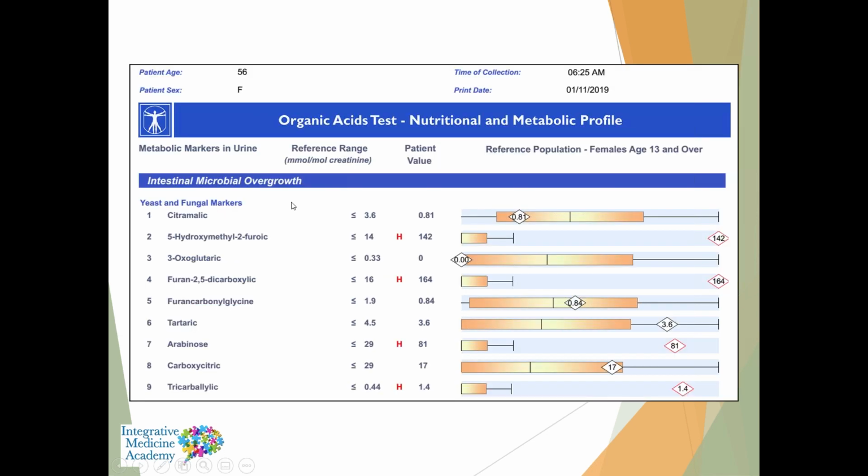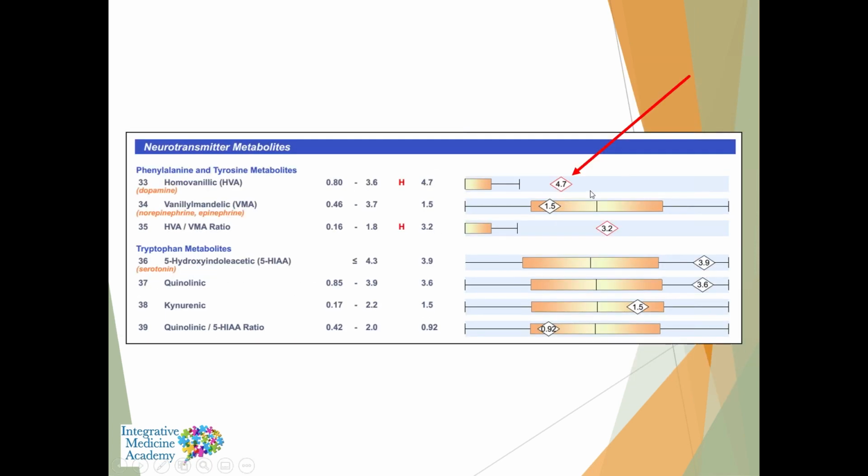It is possible, although there is no test that I know of right now that detects it, that Fusarium mold, the same mold represented by this elevation of tricarballylic, produces a mycotoxin called fusaric acid. And fusaric acid can actually lead to elevated dopamine levels.